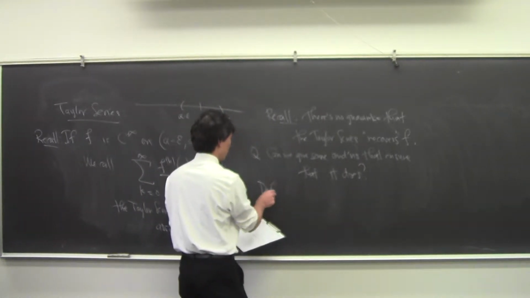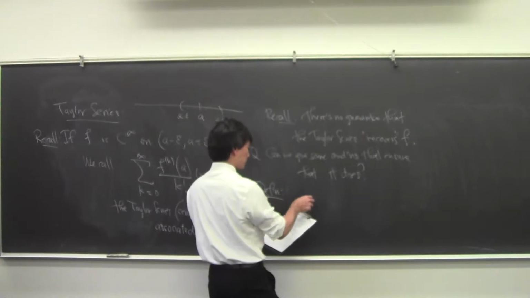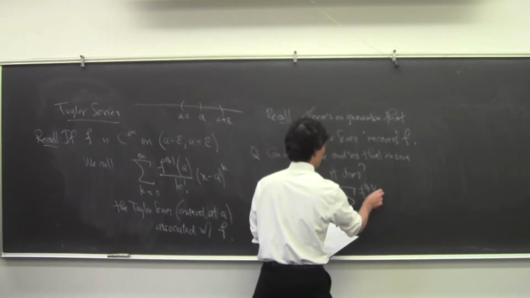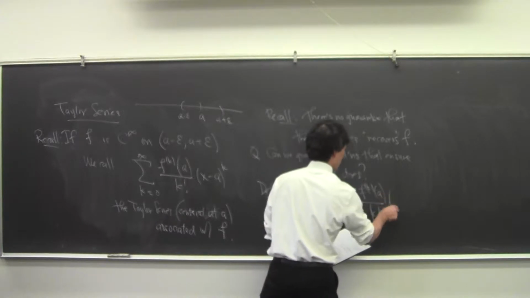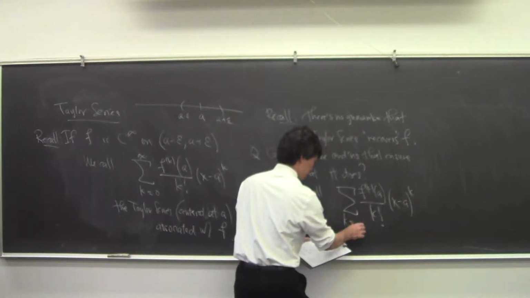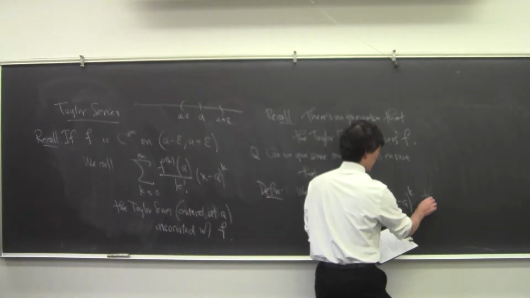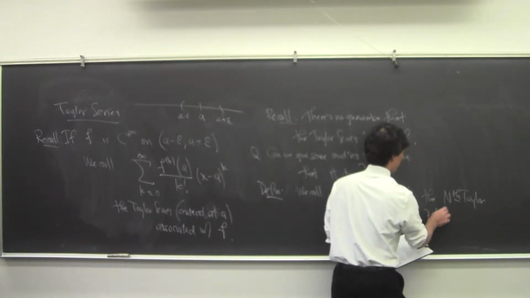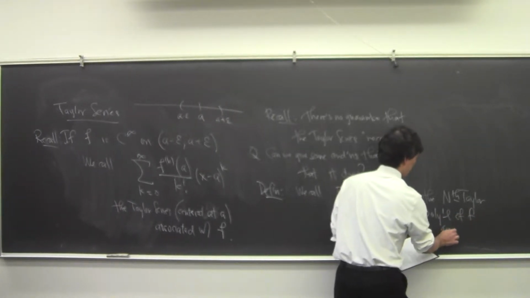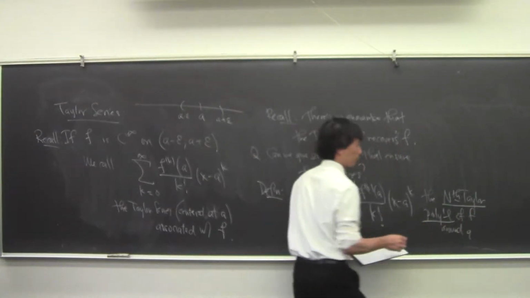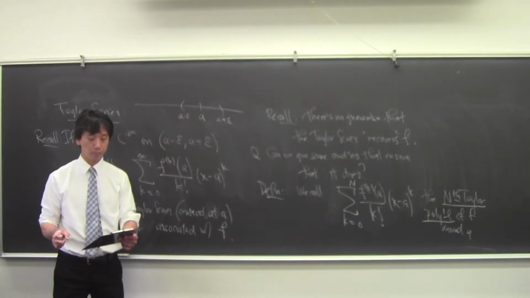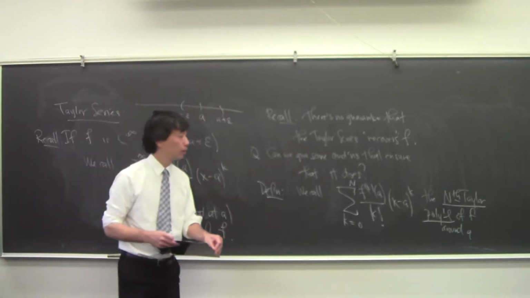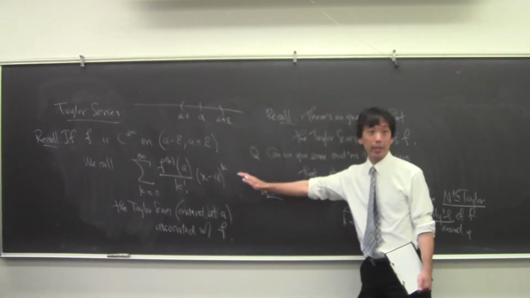Okay. So here's the definition. We call the sum of the power series from k equals 0 to n the nth Taylor polynomial of f around A. That is, you take your power series and you just truncate it.